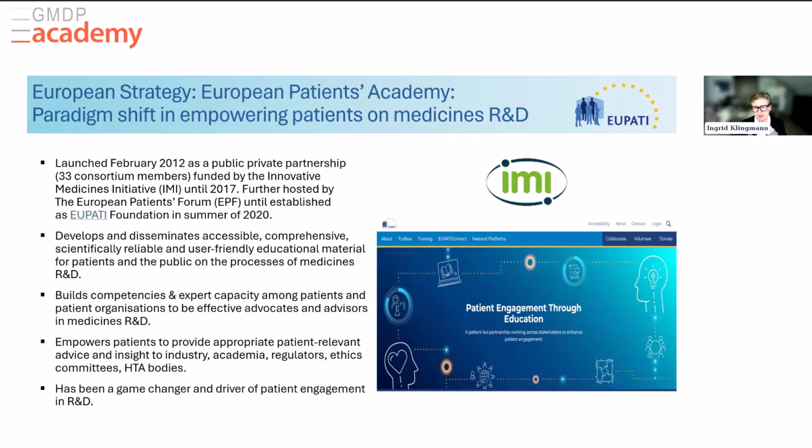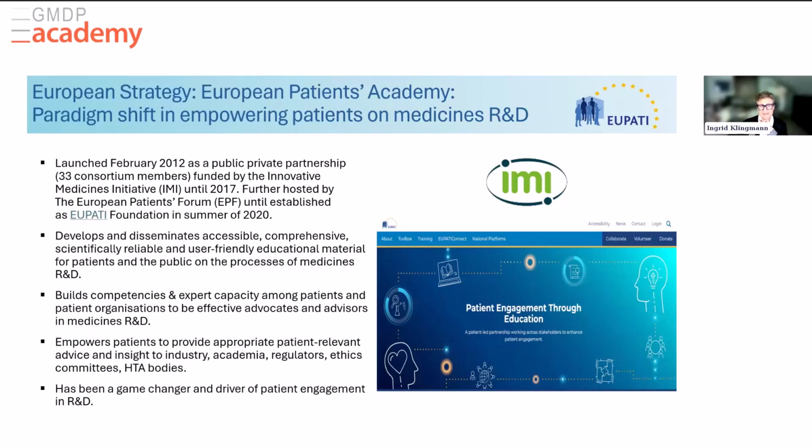This IMI project promised, as a funding reason, that 100,000 people would use the material that was created by UPATI, and that the project was finished, and I show you the effect.